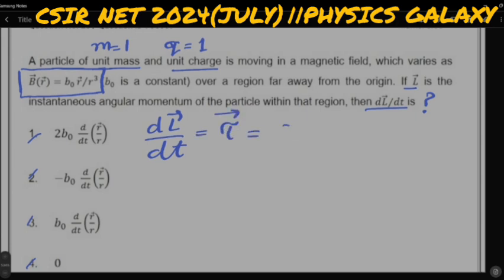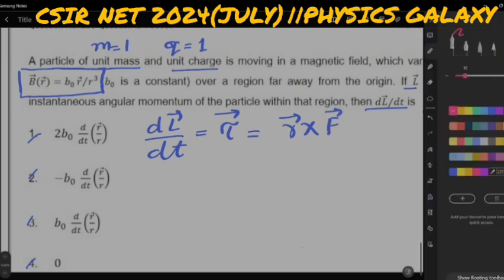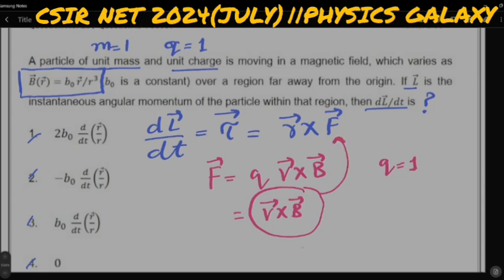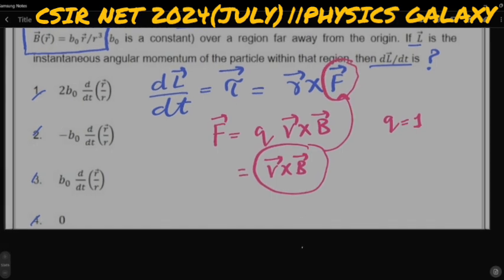And torque is the cross product r cross F. Now we also know the force acting on this unit charge and unit mass will be the Lorentz force, so F equals Q times v cross B. Because Q equals 1, we can simply write this force as v cross B. Now substituting this force into this one, what will we get?